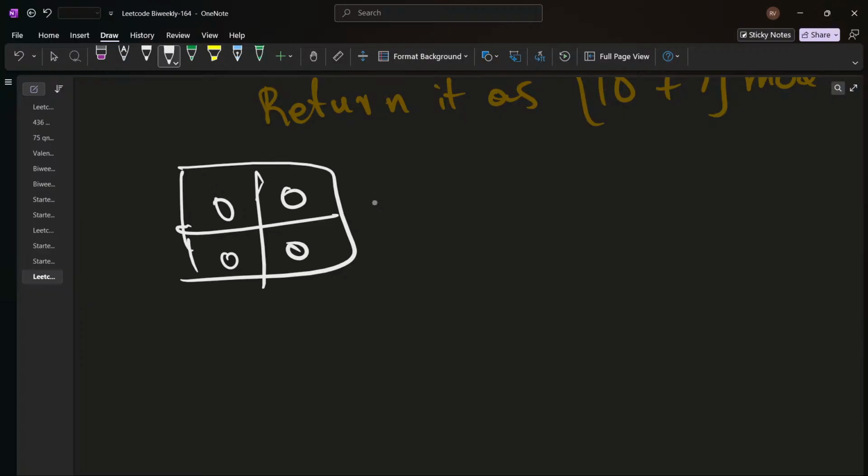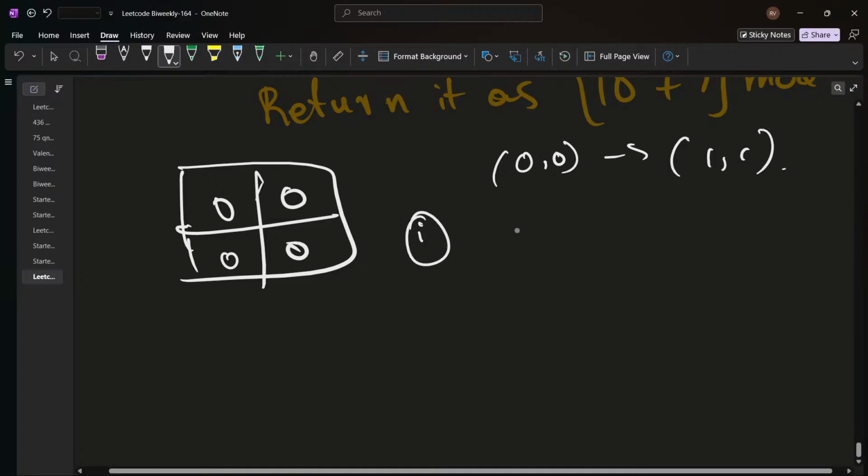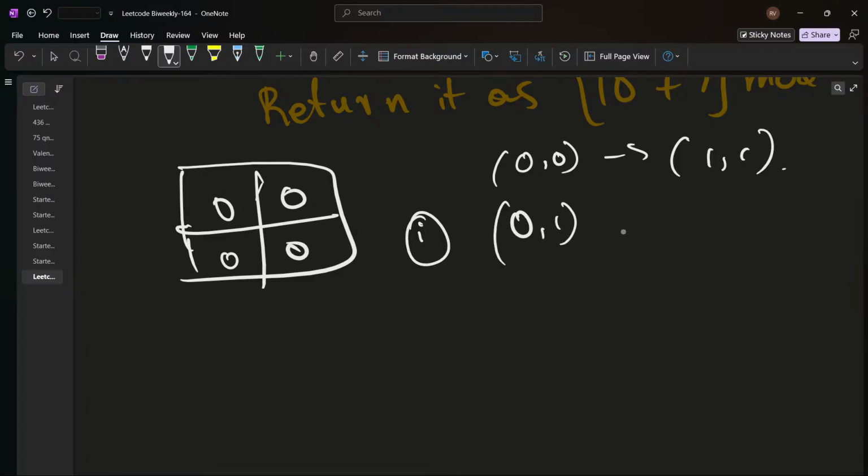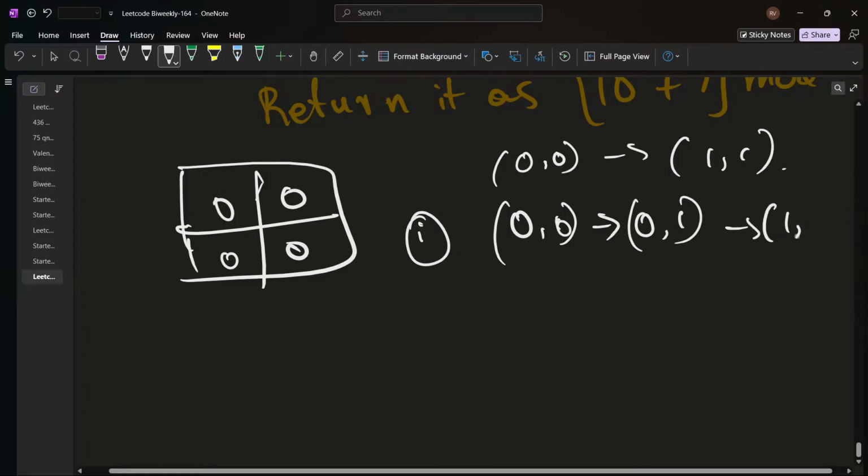Now, what are the valid ways for this? We have to reach (0, 0) to (1, 1). Correct? So, first possible way: it will go (0, 0) to (0, 1) to (1, 1).